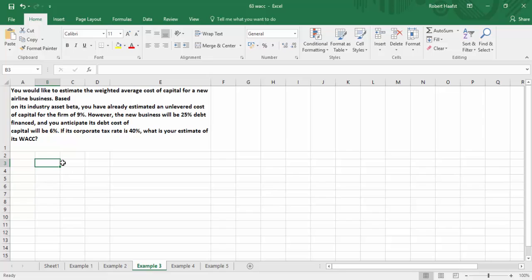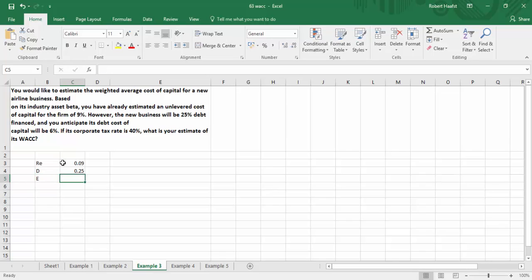So, let's put down what we know. We know that the unlevered cost of capital is 9%. We know that debt is 25%.